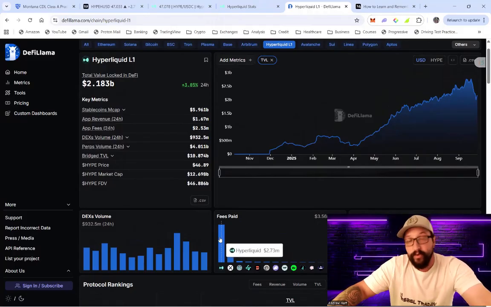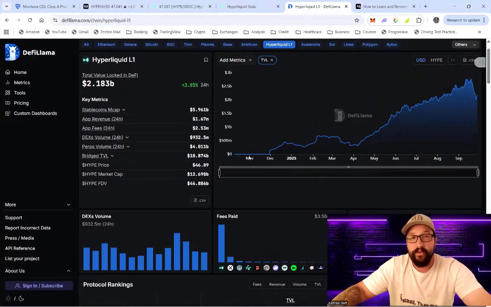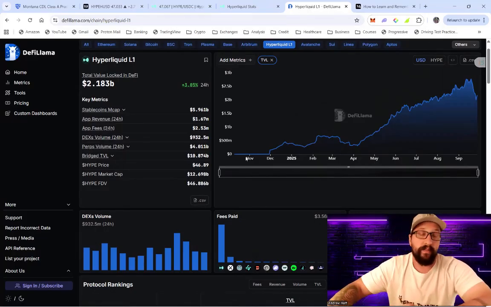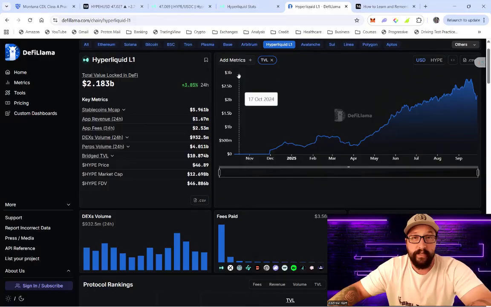And knowing that they buy back some of their token helps too. If that feels good to you, it's probably going to feel good to other investors, right? I mean, you wouldn't want to trade solely based on that, but using this holistically with the technicals is definitely helpful.